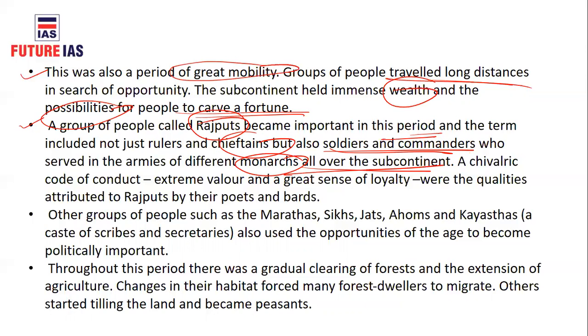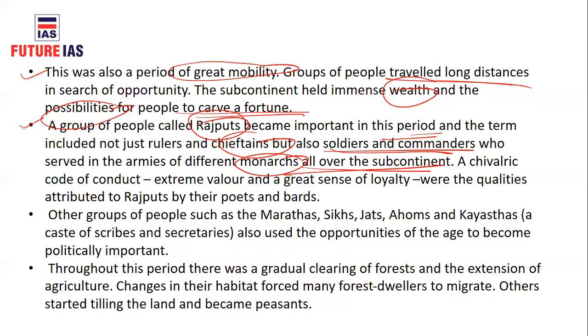So the term Rajput, which we use in this period, included not just rulers, but also different types of soldiers, commanders, and chieftains who served in the armies of different monarchs all over the continent. There was extreme valor and a sense of loyalty. Certain qualities were attributed to the Rajputs by poets and bards.